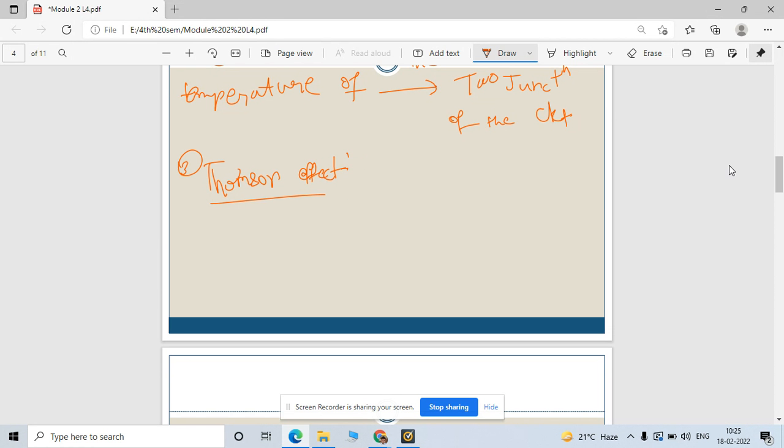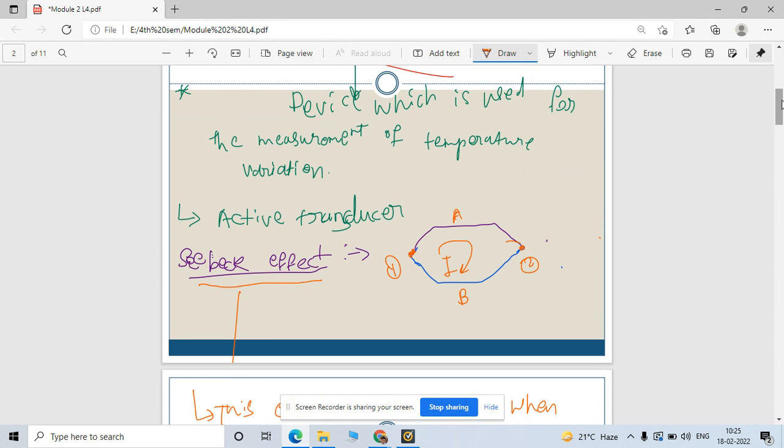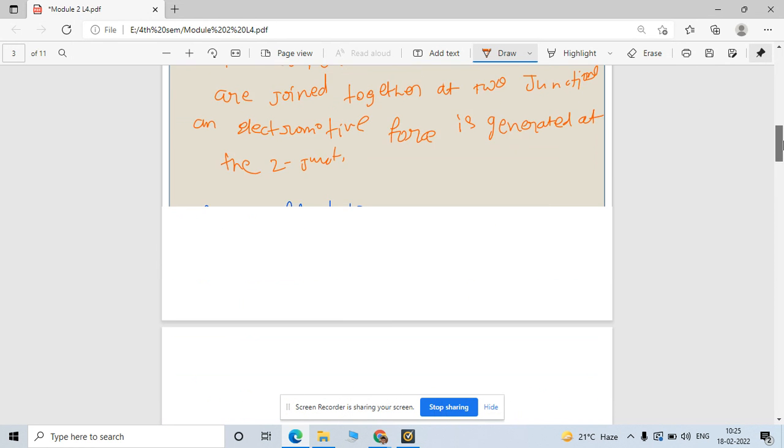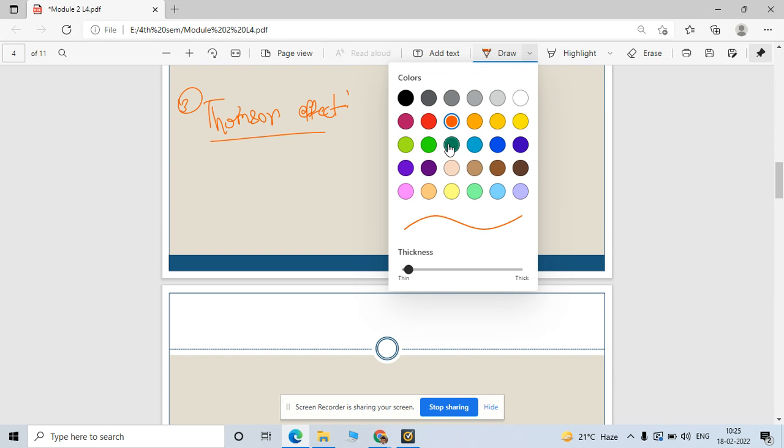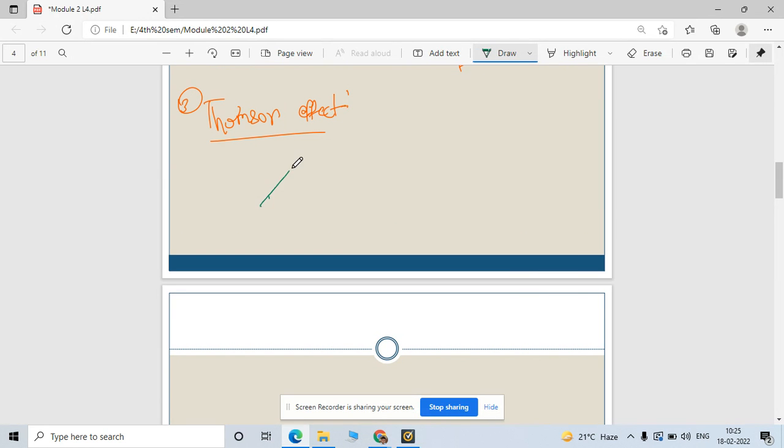You can measure the voltages with the help of this junction.